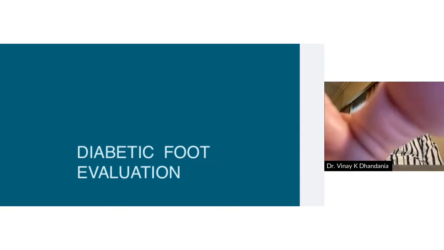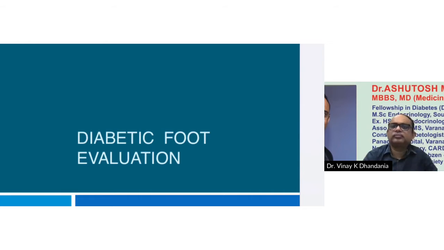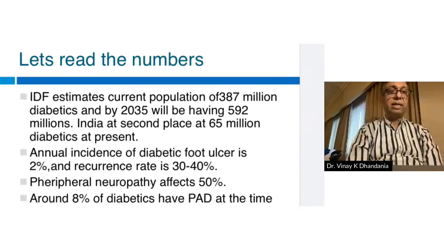So the most important thing is why diabetic foot ulcer is very important. The IDF, the International Diabetes Federation, estimates the current population of 387 million diabetics, and by 2035 it will be 592 million. India is at the second place at the moment.